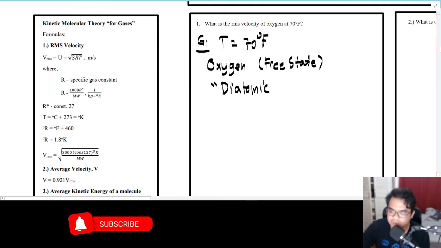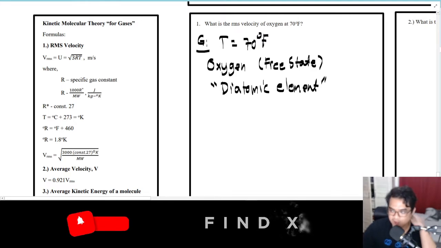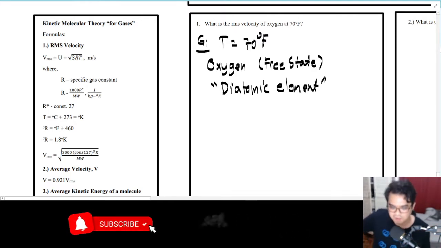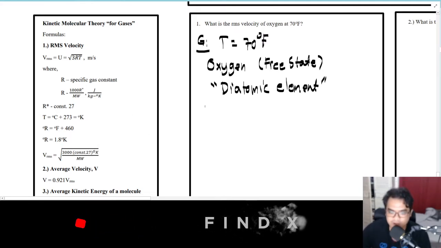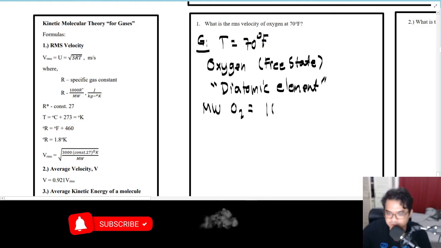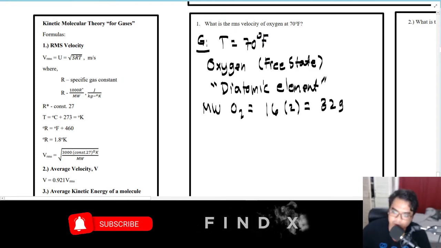When you say diatomic, by the meaning of di, whatever the molecular weight of the element, you have to multiply it by 2. Oxygen is one of the diatomic elements. Since this is O2, that must be 16 times 2. Therefore, the molecular weight of this one is 32 grams per mole.